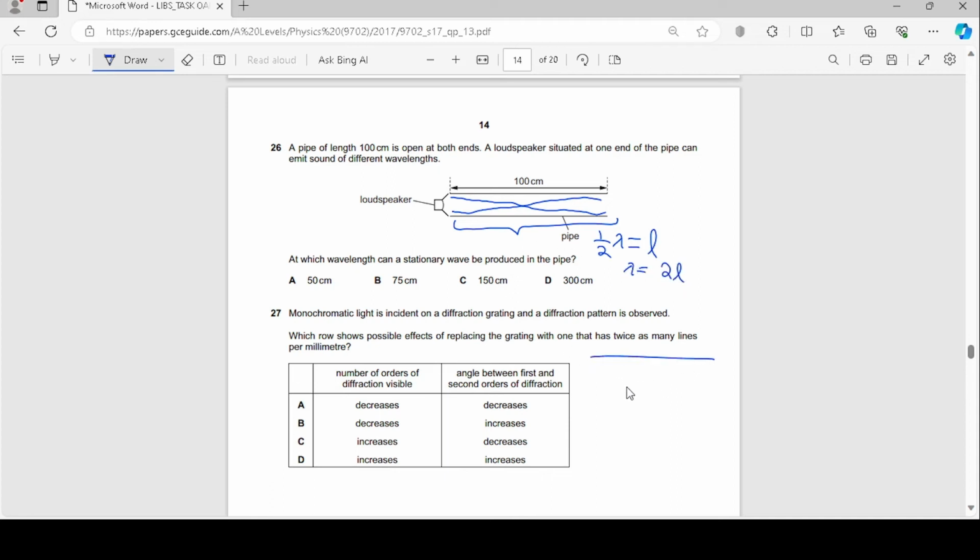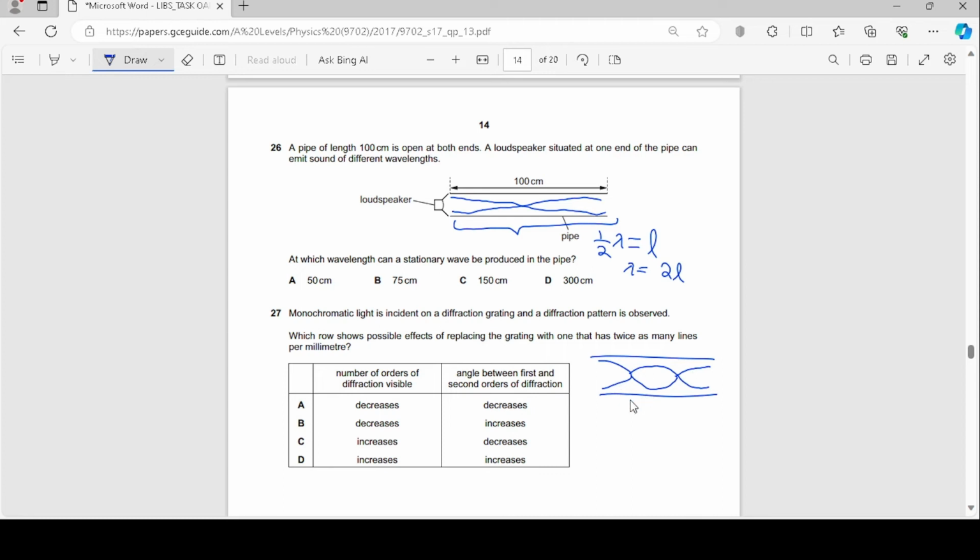And then the next case, the second harmonic, you would have this, like that, right?